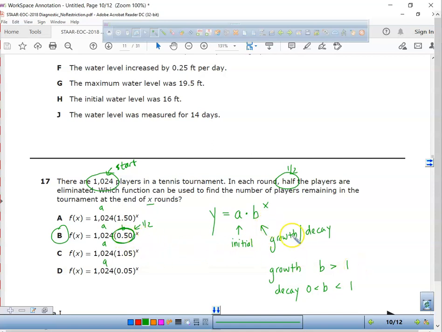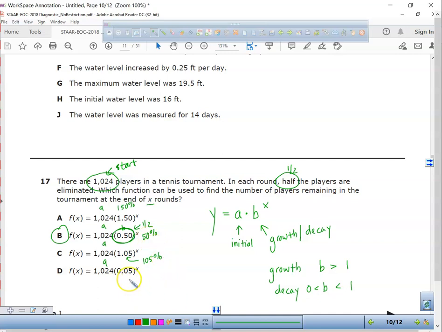Remember, what does the B value represent? The growth or the decay factor. Okay? Can you guys put right here? This means 150% growth. This means right here, this means 105% growth. This was reduced by what? You're reducing it by 50%.